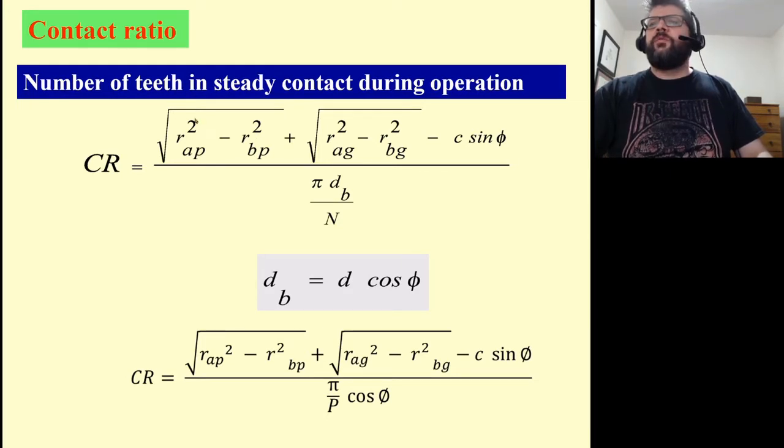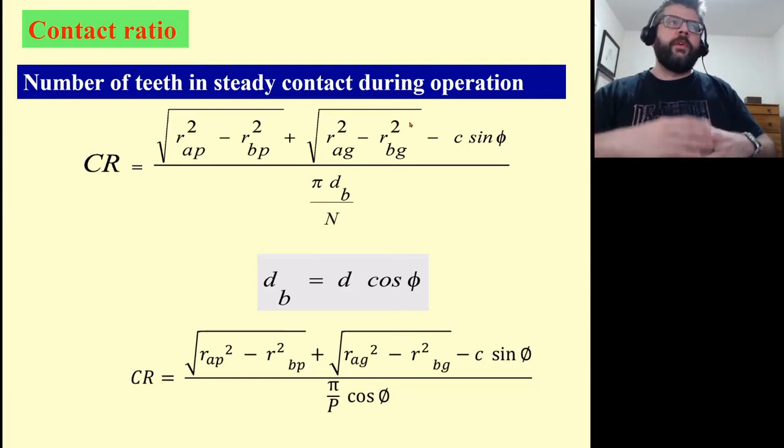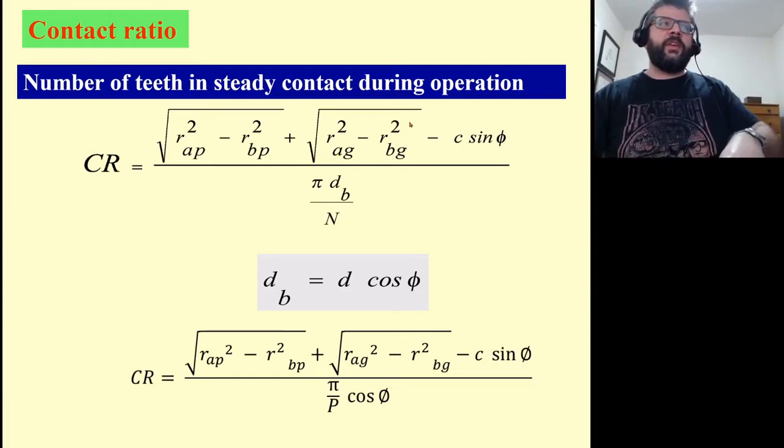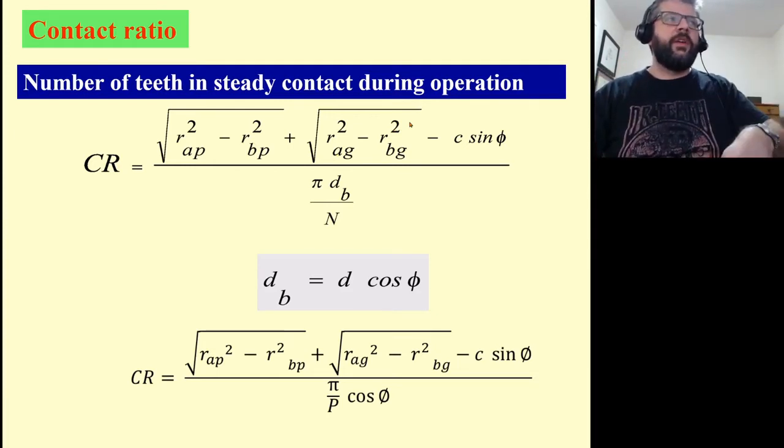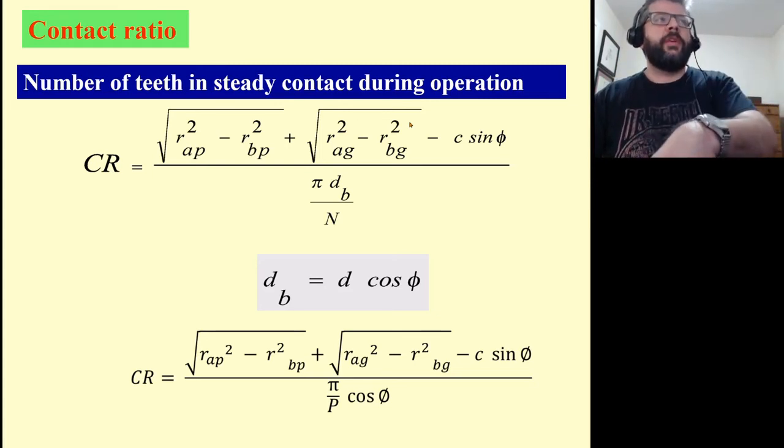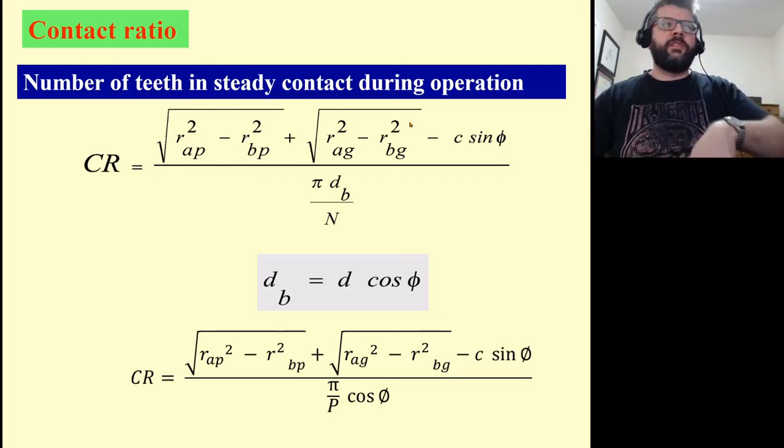So again, the radius of the addendum for the pinion, the radius of the base circle for the pinion, the radius of the addendum for the gear, the radius of the base circle for the gear. Those are basically the radius at which contact might start and the radius at which contact would end. The base circle is the start of the involute profile.